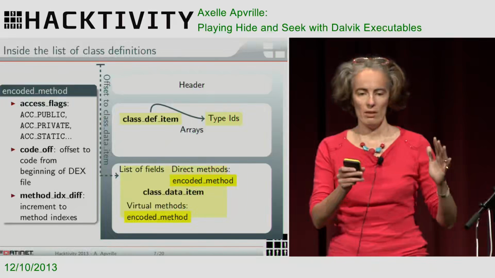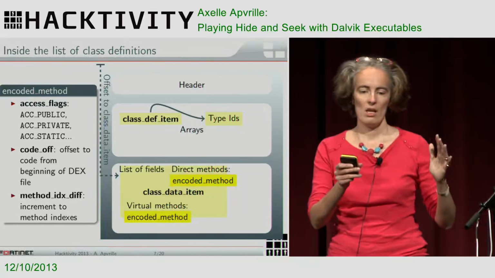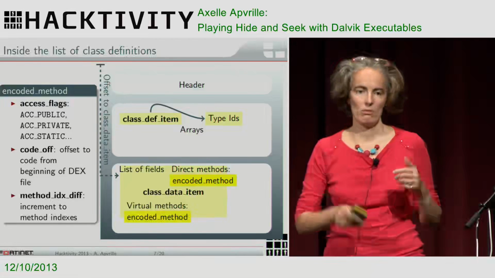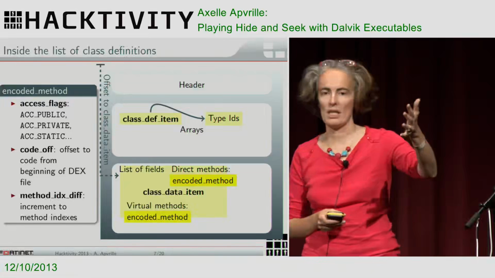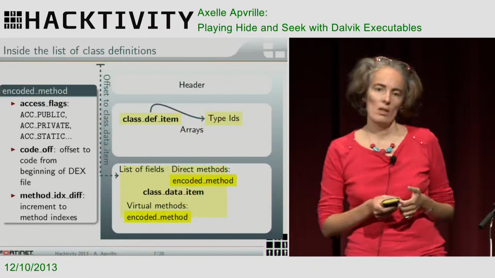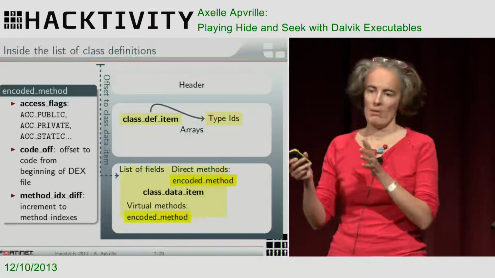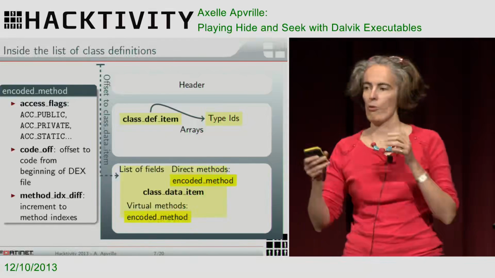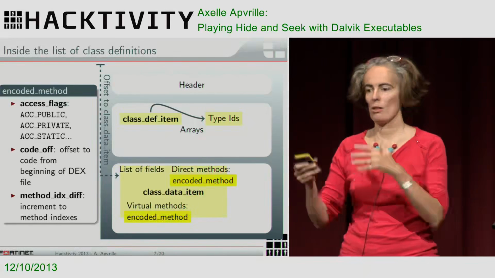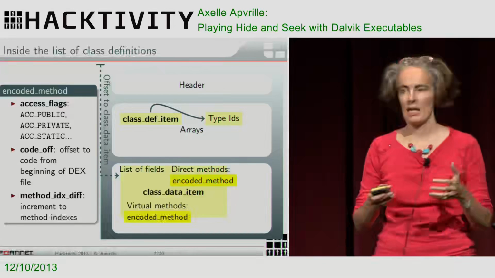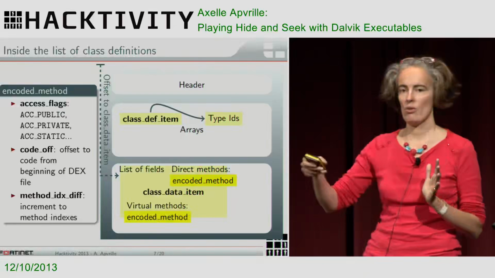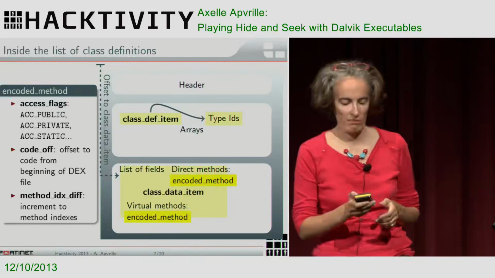The first method in there is going to reference the method identifier it corresponds to. Let's say this is number 13, for instance. The second method, just after that one, is going to say my method identifier is maybe 14. So I'm just showing the difference: increment 1, and it will have method_idx_diff equal to 1. So it's just a handy way to go through all the method identifiers.